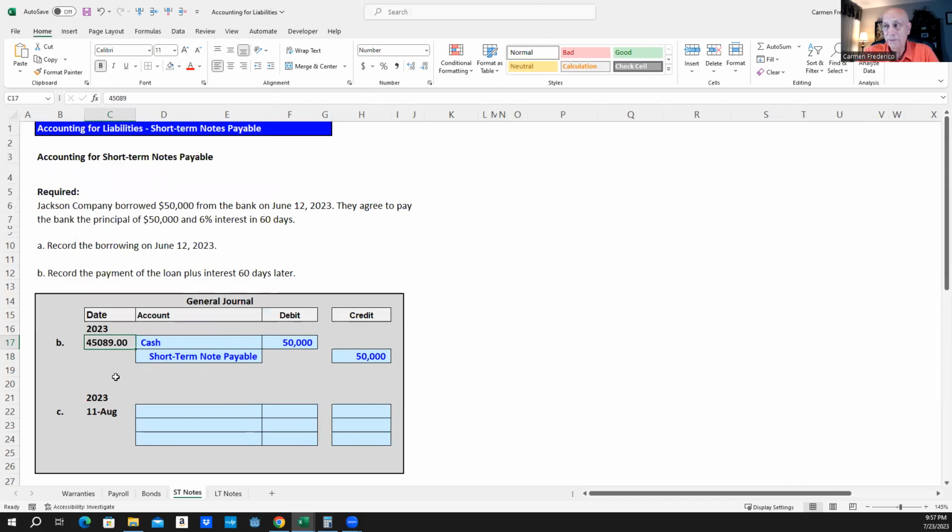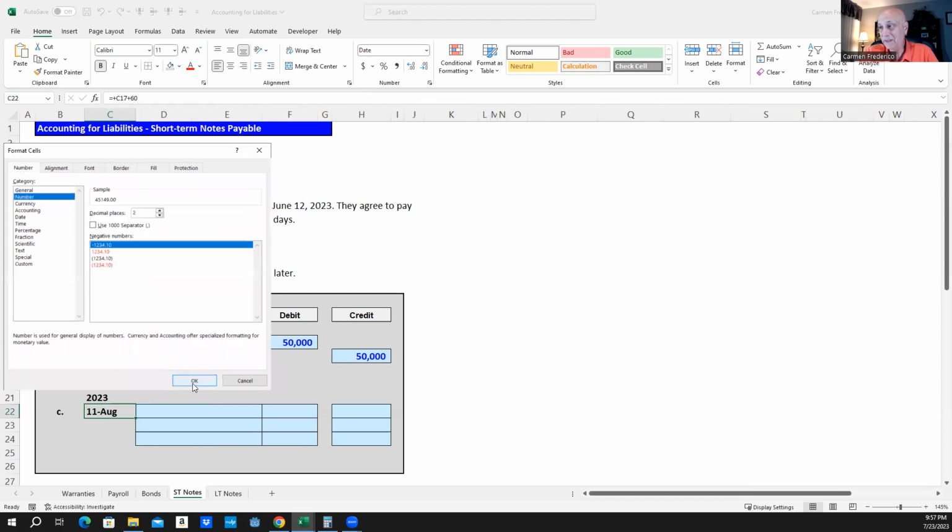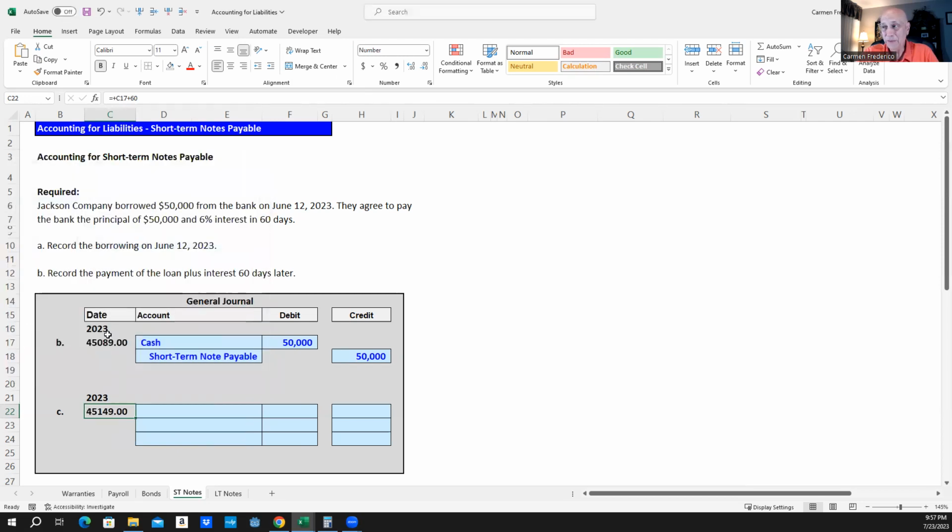June 12th is day 45,089, and 60 days later, August 11th, is day 45,149. Behind every date in Excel is a number, in case you didn't know. That helps us determine that the due date of the note is August 11th.